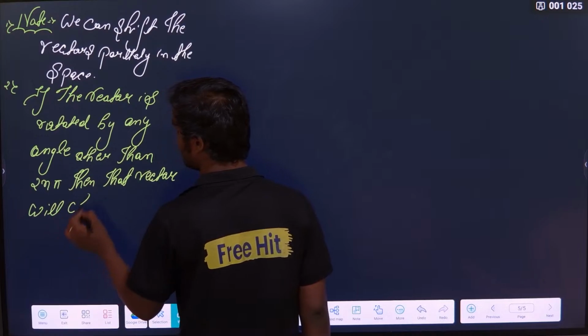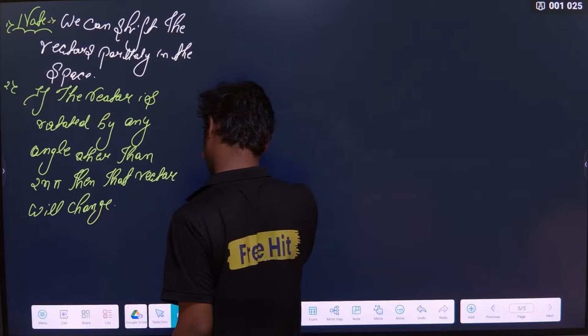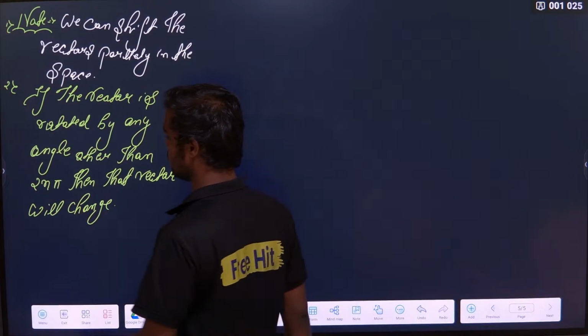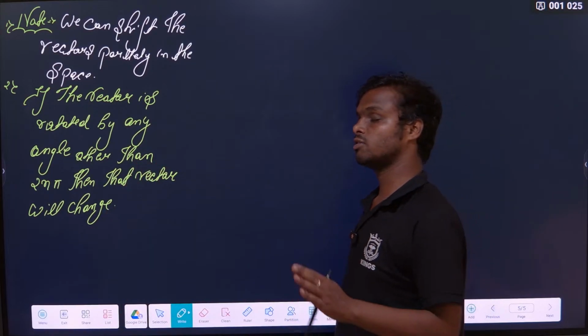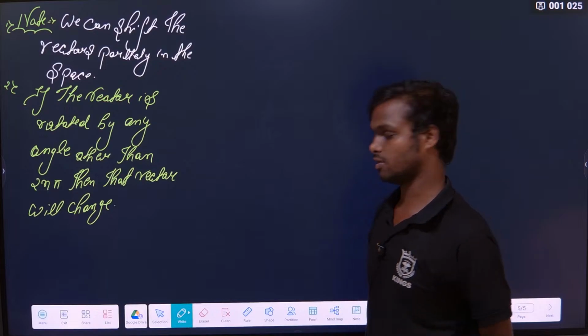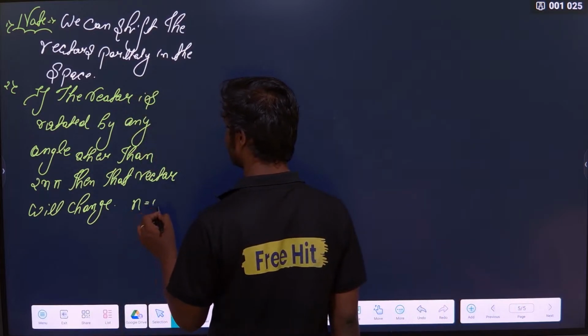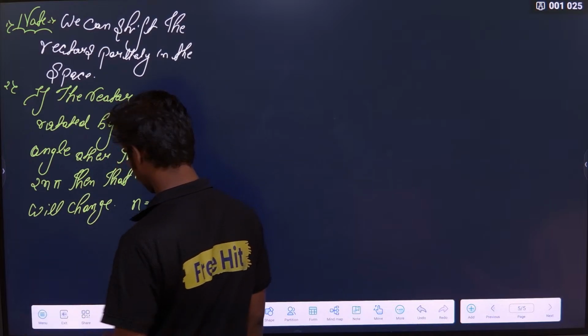The vector won't remain the same, it will change. Means you cannot rotate the vector. If you want to rotate it and you want it to remain the same, then you have to rotate it by a multiple of 2 pi, where n is an integer, obviously. n is 0, 1, 2, like this, an integer. Clear?